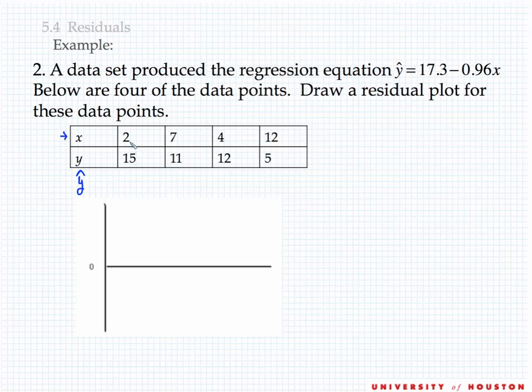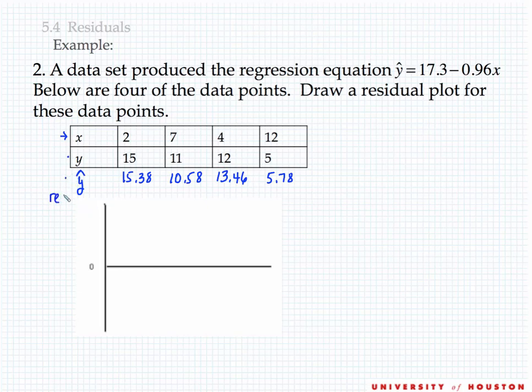So I'm going to plug 2, 7, 4, and 12 into my y hat equation. And this is going to give me 15.38, 10.58, 13.46, and 5.78. So we have our real y's, our observed y's, and our predicted y's.